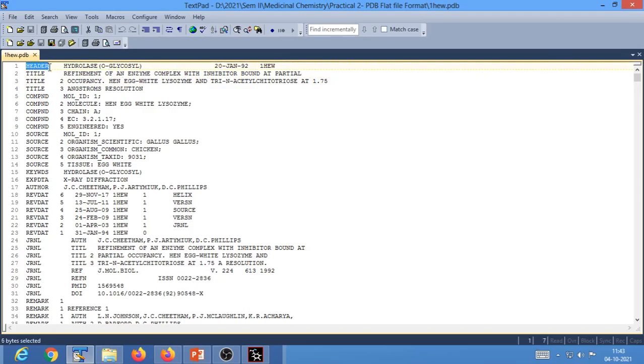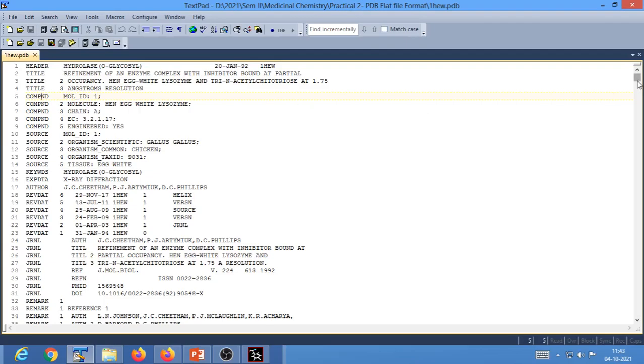So your PDB file contains various keywords that are arranged on separate lines or rows. How many lines are there in this particular PDB file? Let us scroll down. This column indicates the line count. So this is the first line, second line, third line, fourth line, and fifth line.